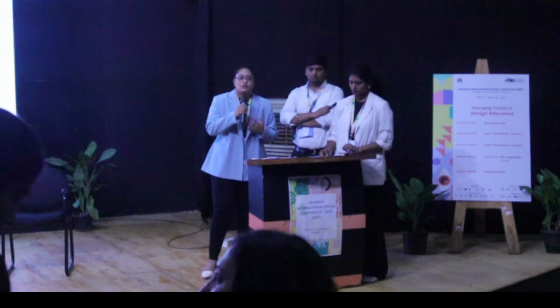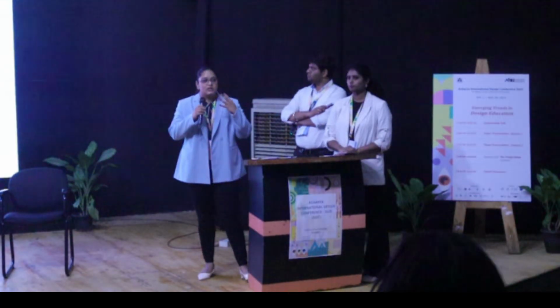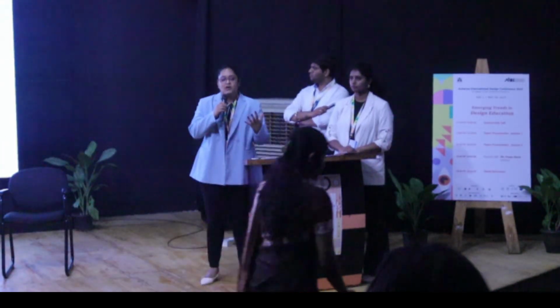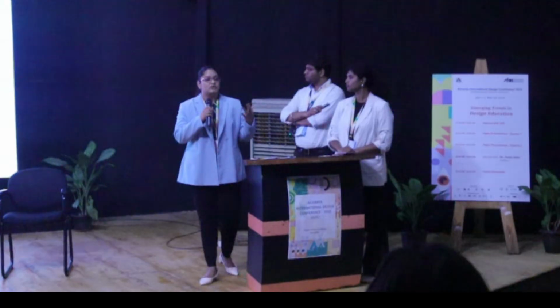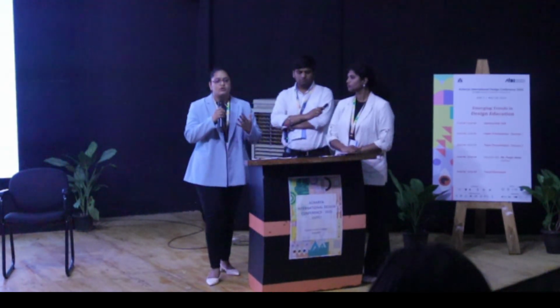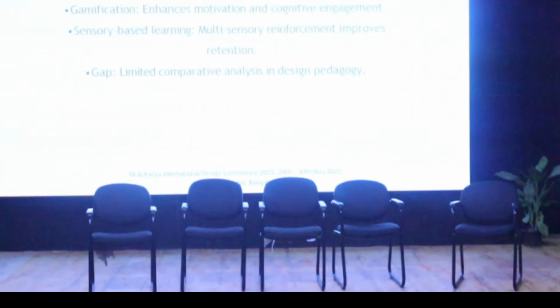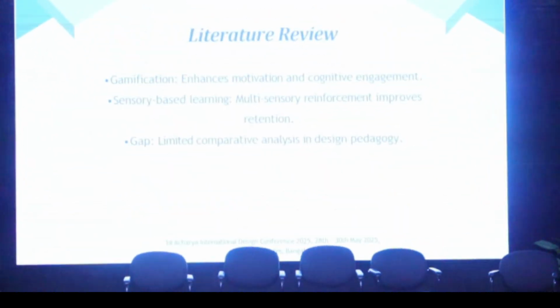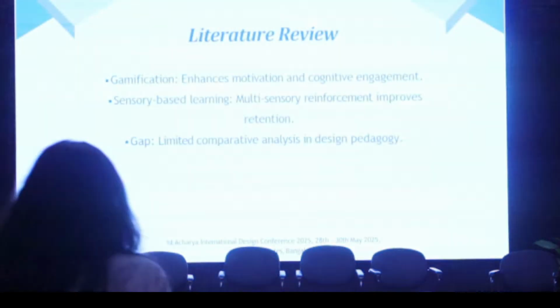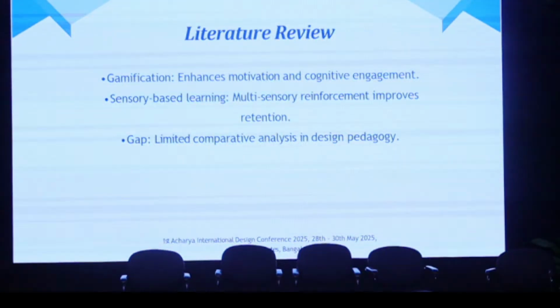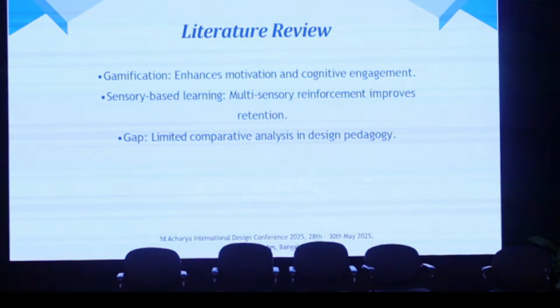Whereas for blue, as we think about the blue color, it is either the sky or the ocean. So we took waves as an inspiration for blue. In the same way, we took a pre-test before this activity, which used sensory-based learning.